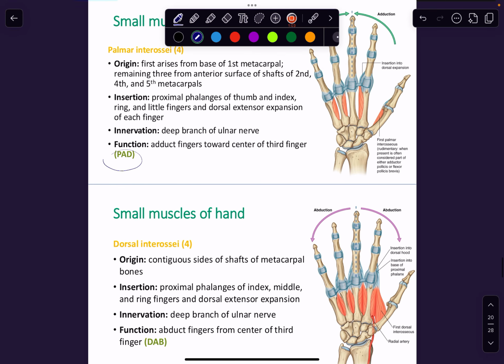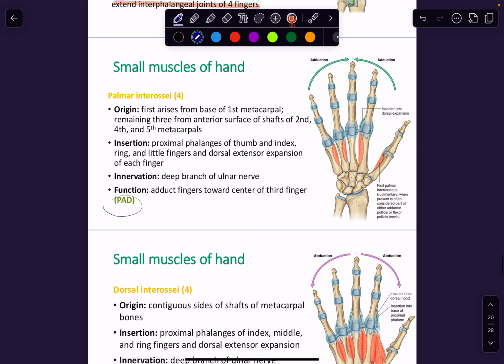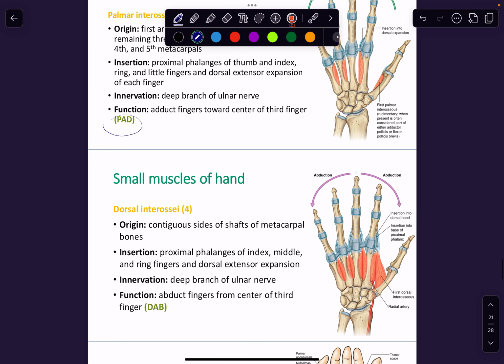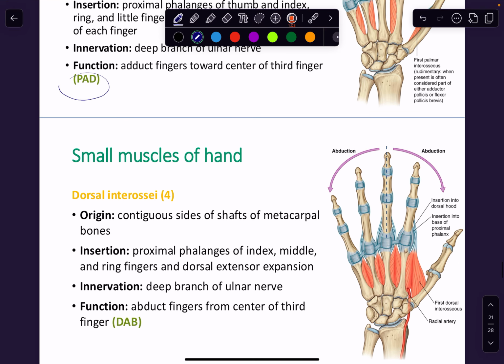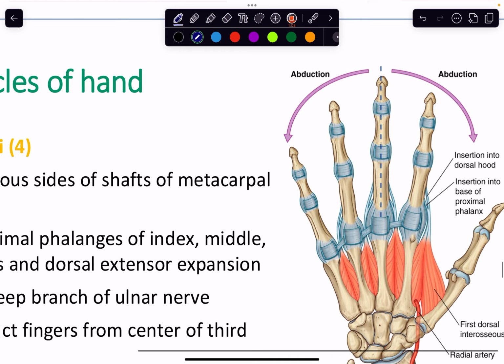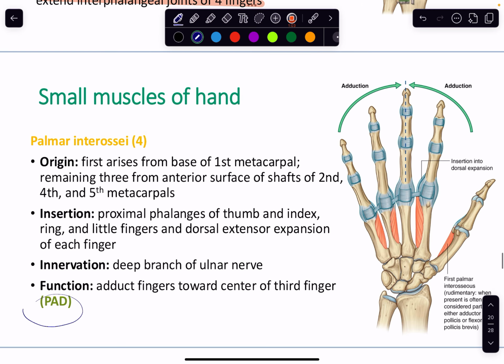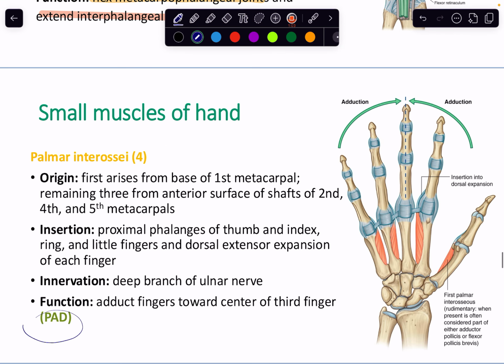On the medial side or the lateral side, meaning the ulnar side or the radial side? I want to pull this towards the midline, so from where should I pull it? From the contralateral side. You pull it toward here, because if I pull it from here, the finger will go here.